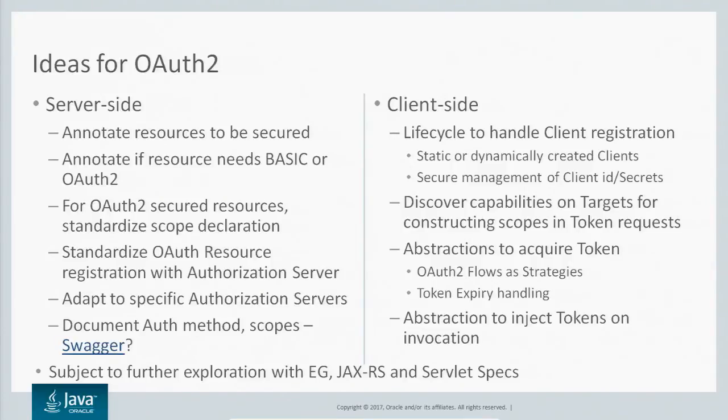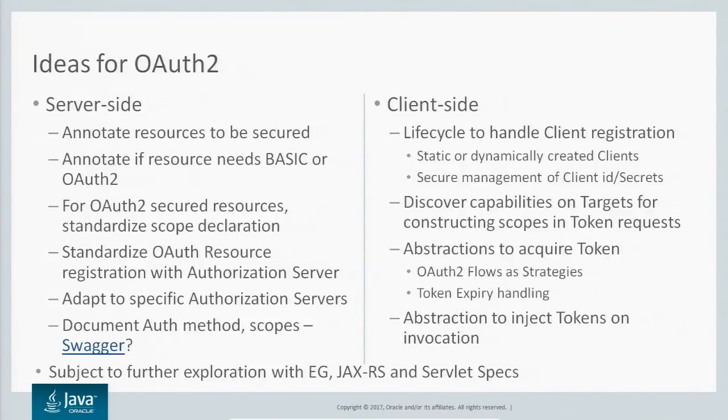So some ideas would be on server side, annotating resources to be secured so that a lot of that process is hidden from the implementer, and you just annotate your method and the caller either gets in or doesn't. Annotate whether a resource needs basic auth or OAuth II.